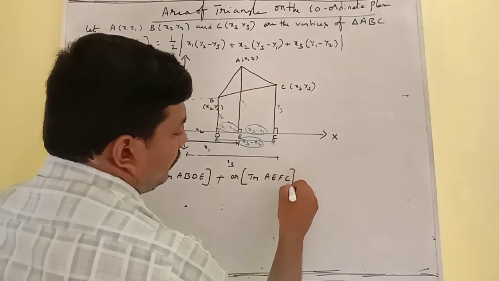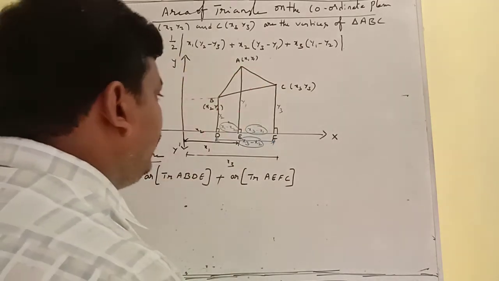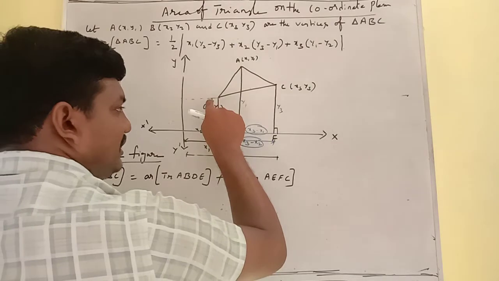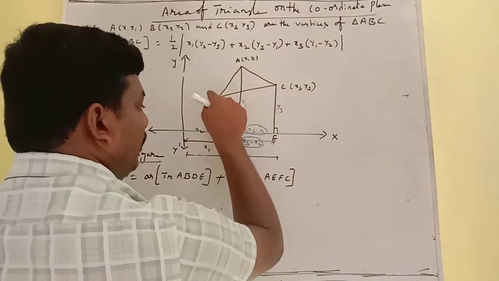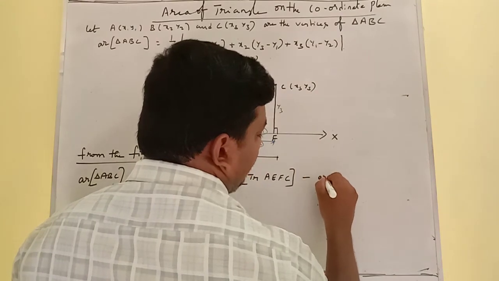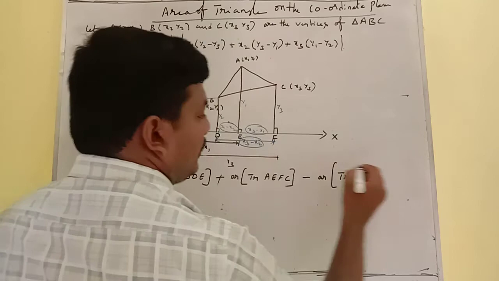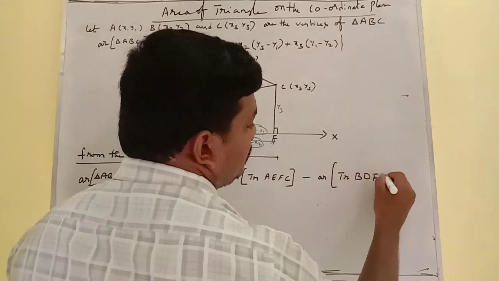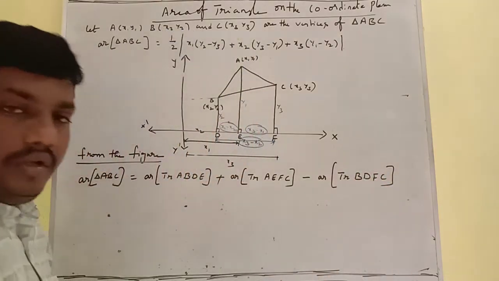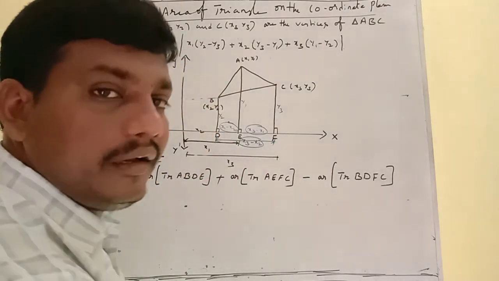So the sum of these two trapeziums, and we are going to subtract the trapezium BCFD, or BDFC, minus area of trapezium BDFC. That means before going to area of triangle, we need to find the area of trapezium.